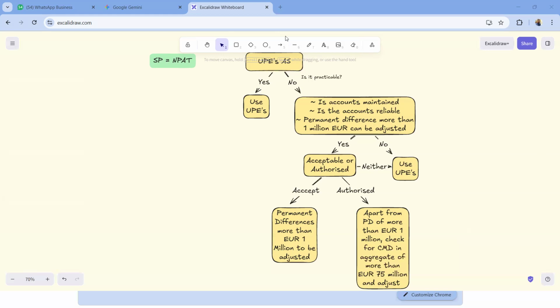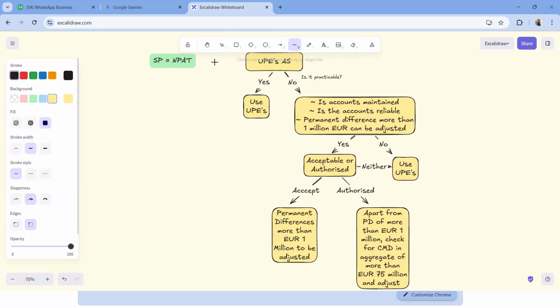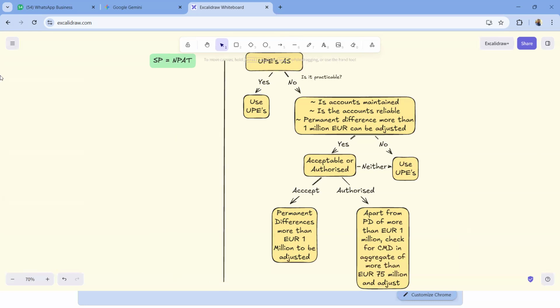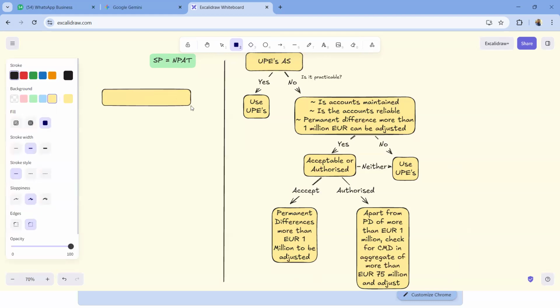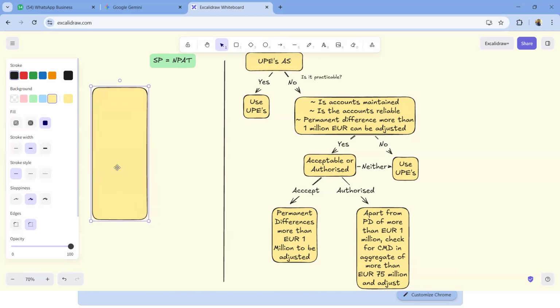And after this, I also told you that consolidation adjustments have to be not adjusted. Like, do not adjust. We'll have two of these.